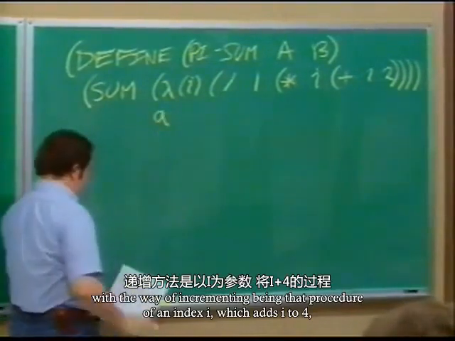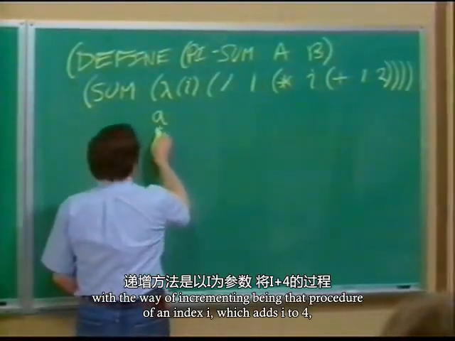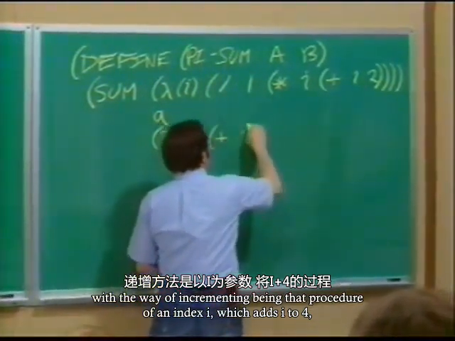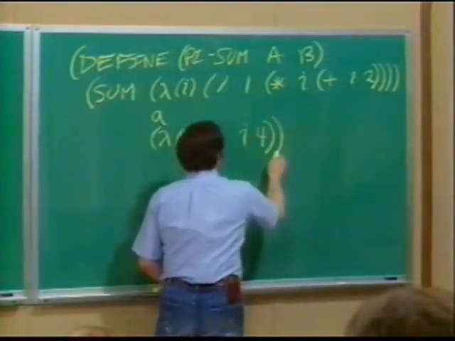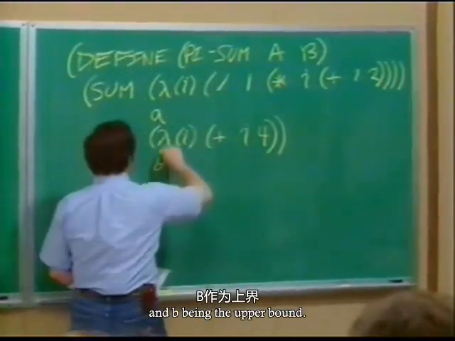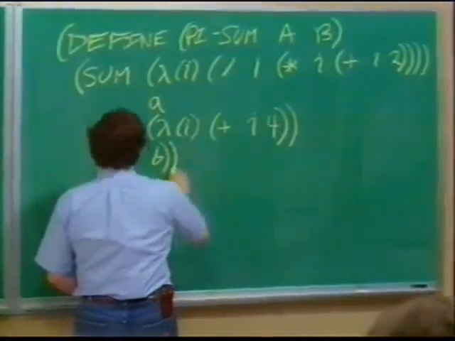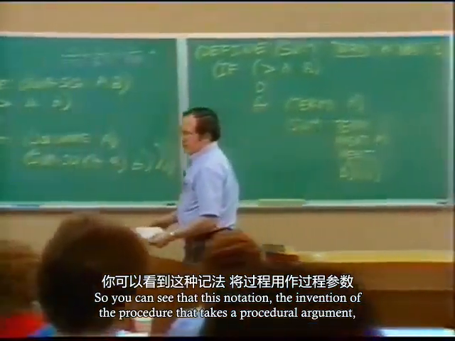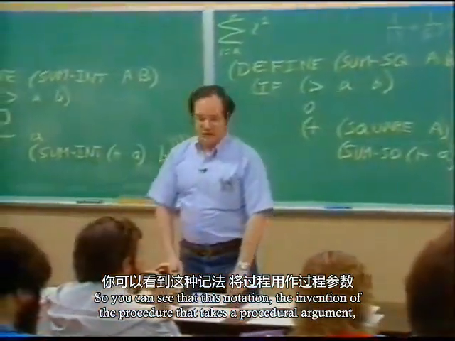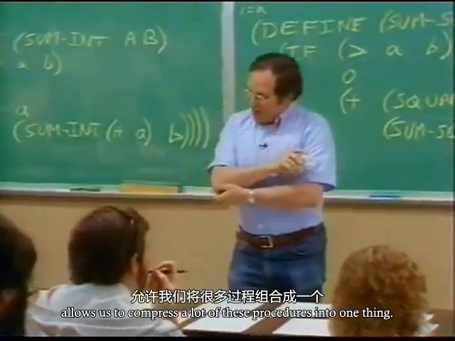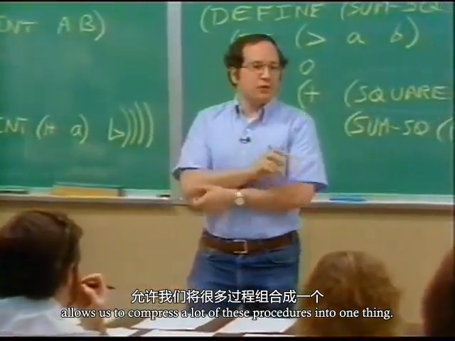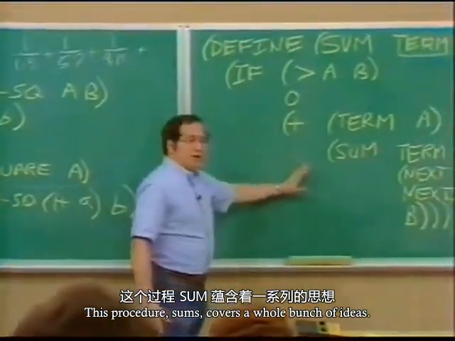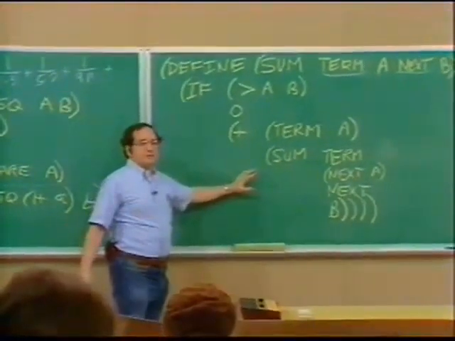Starting at A, with the way of incrementing being that procedure of an index I, which adds I to 4, and B being the upper bound. So we can see that this notation, the invention of the procedure that takes a procedural argument, allows us to compress a lot of these procedures into one thing. This procedure, sum, covers a whole bunch of ideas.